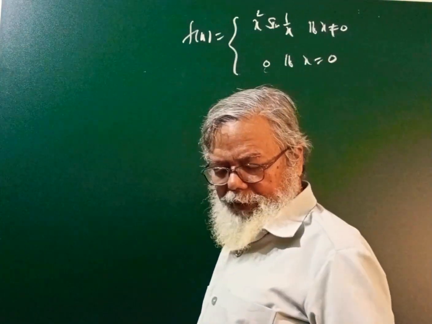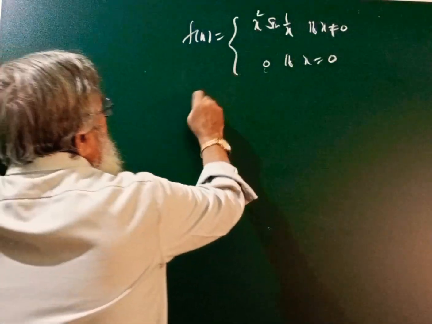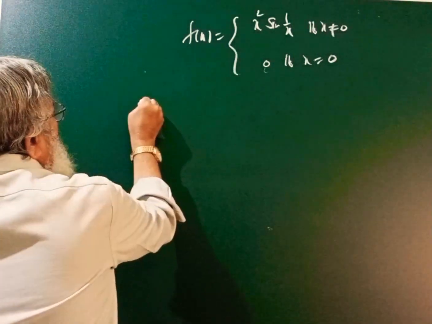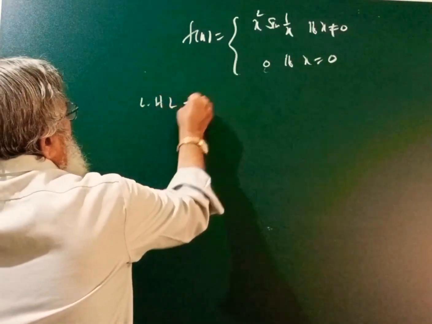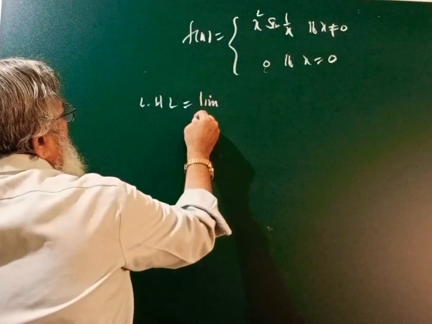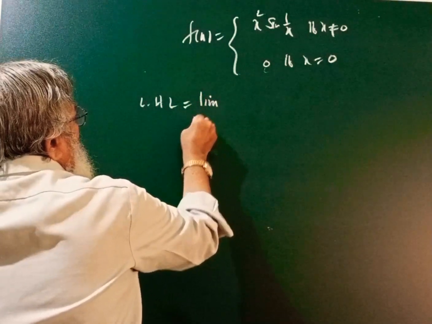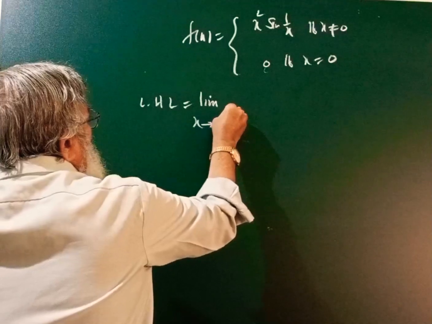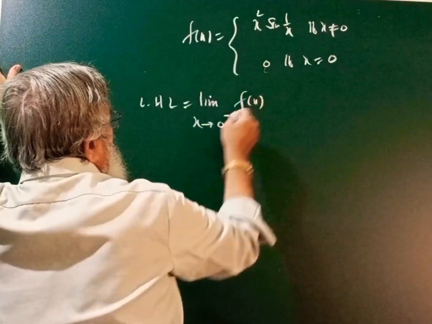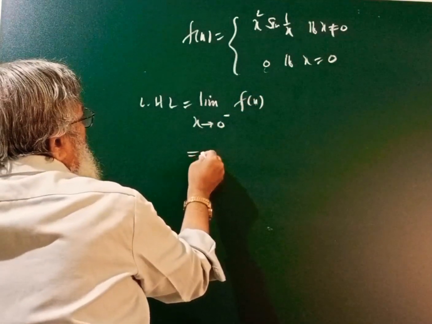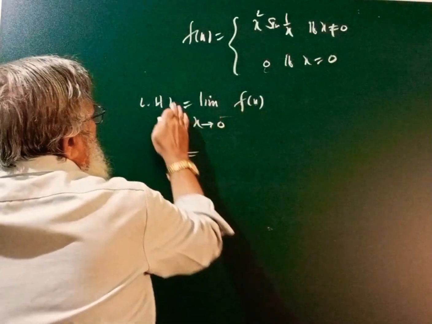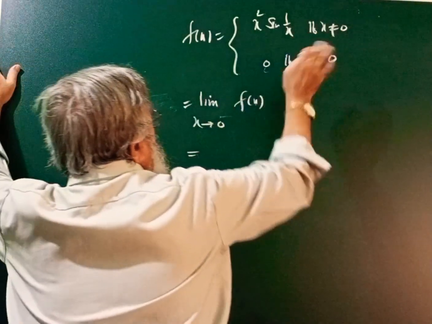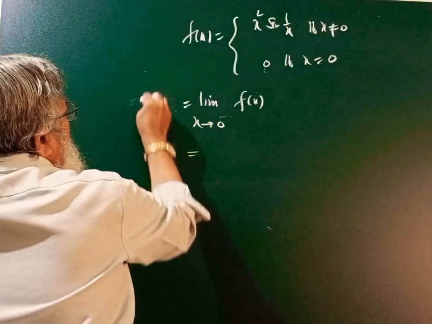This one I have to discuss. You see here, let us take the left hand limit, given by limit x tends to 0 from the negative side of f(x). Now consider this.